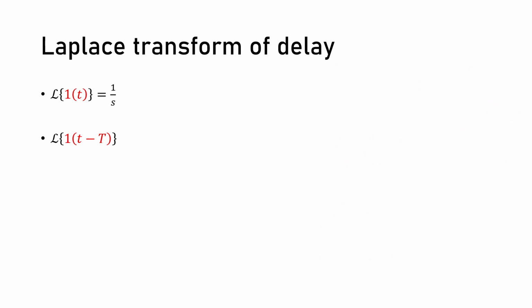Next, let's see the Laplace transform of delay. Let's see the Laplace transform of the step function first. If you step at 0 like this, this is in the time domain, and then the Laplace transform gives you 1 over s.